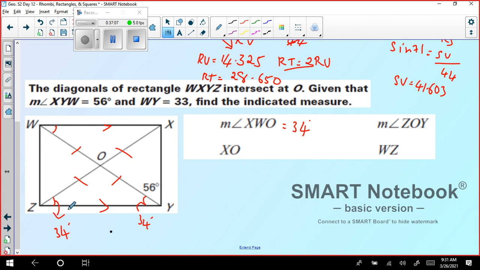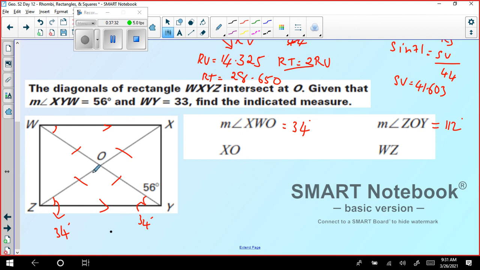So I have this particular angle as 34. To find ZOY, I can use sum of angles in triangle as 180 and subtract these two. 180 minus 34 twice, I get 112 as the required angle. So 112 is our ZOY.